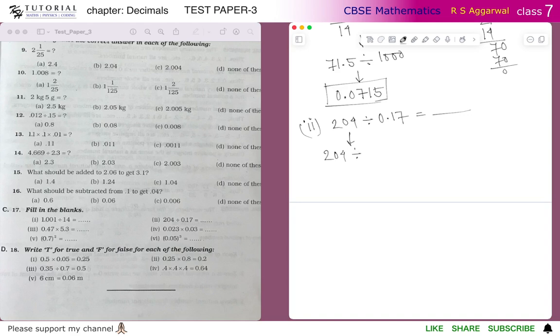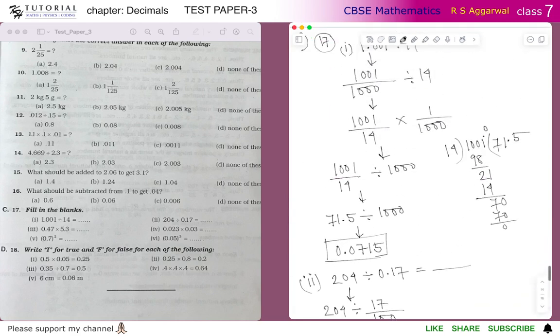This becomes 17 by 100. Now we make the fraction 204. Now this is divided by 17 by 100, means multiplied by 100 by 17.